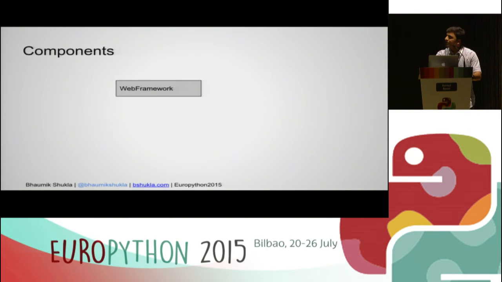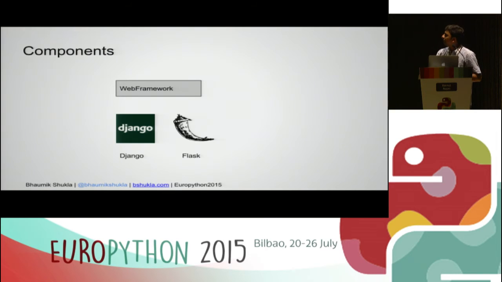The first thing will be the web framework. Let's finalize what kind of web framework we are going to use. When it comes to Python, we have 2 famous frameworks available, which are Django and Flask. Django is fully armed, with everything included inside it.